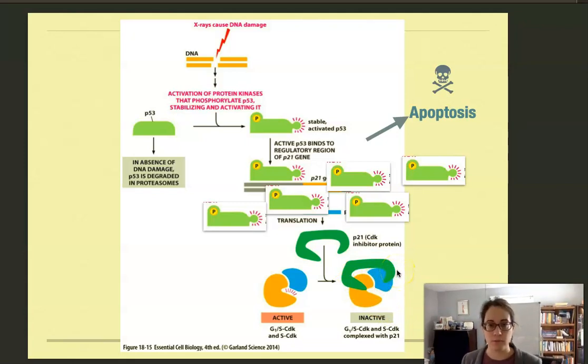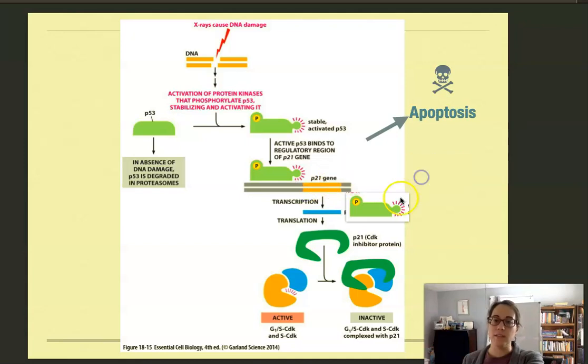And this is reversible. So this P21 protein can be removed if the cell can recover, if the DNA can be fixed. If the DNA can be fixed, then we're going to stop phosphorylating additional P53 proteins, and then we're going to degrade them, and the concentration of P53 is going to go down, okay?